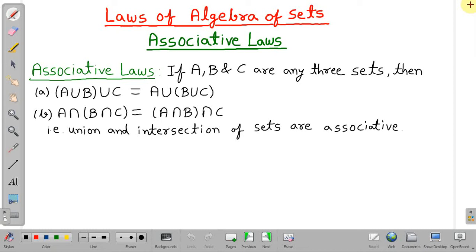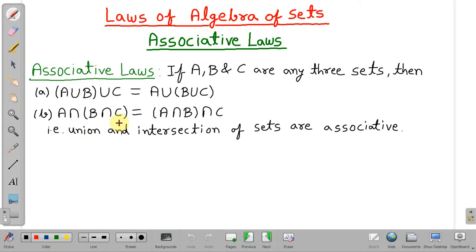Then, according to associative laws, (A union B) union C will be equal to A union (B union C). And (A intersection B) intersection C will be equal to A intersection (B intersection C). That is, union and intersection of sets are associative.